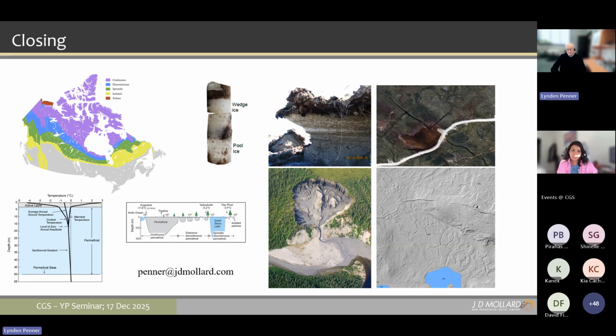It really depends, I guess, on the extent to which that disturbance disrupts the insulating layers, so the vegetation and the soil horizon that's overlying the permafrost. I could imagine that walking or a very light ATV might not be impactful if it doesn't break the surface and doesn't cause enough compaction to affect the insulating layer above the permafrost.